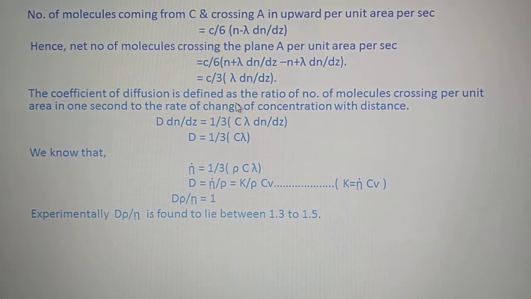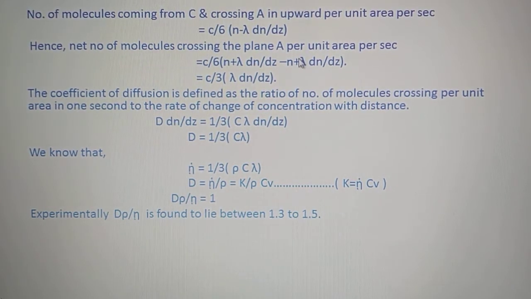Thus we can say the coefficient of diffusion is the ratio of the number of molecules crossing per unit area in 1 second to the rate of change of concentration with distance. So D into dN by dZ is equal to 1/3 of C lambda into dN by dZ. This gives us capital D equals 1/3 of C lambda, as dN by dZ and dN by dZ get cancelled.